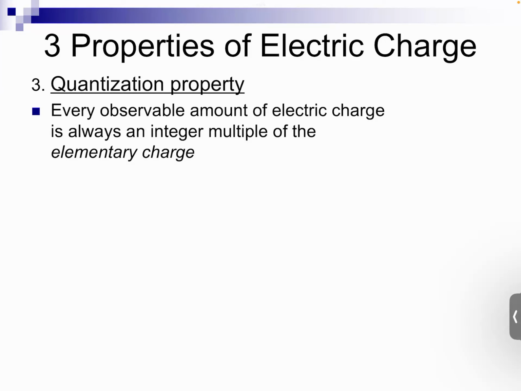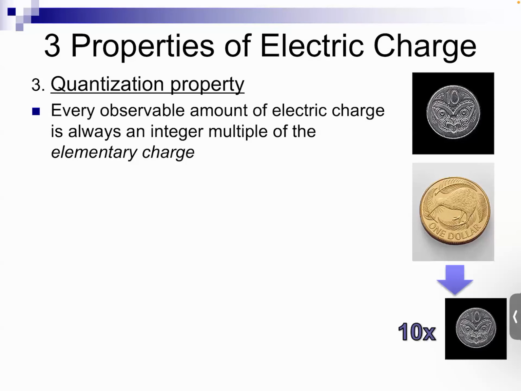I think at the moment it's still 10 cents, right? 10 cents is the smallest amount of New Zealand money that you can have, and any amount of New Zealand dollars is a multiple of 10 cents. So we say that the New Zealand dollar is quantized because any amount is a multiple of 10 cents, which is the smallest amount you can have. $1 can consist of 10 pieces of 10 cents.